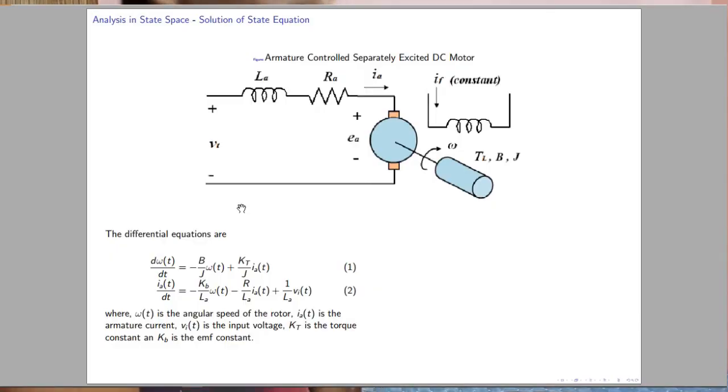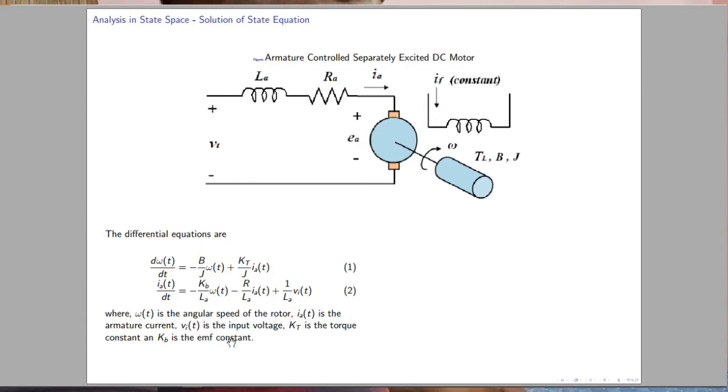So we take up an armature controlled separately excited DC motor. So this is the schematic of the system, and using the principles we learned in lectures 1 to 4 on modeling in state space, we can get these differential equations.